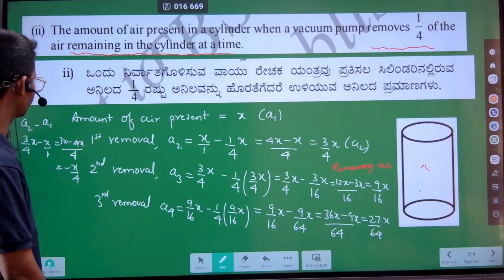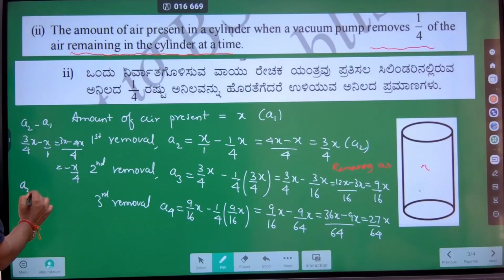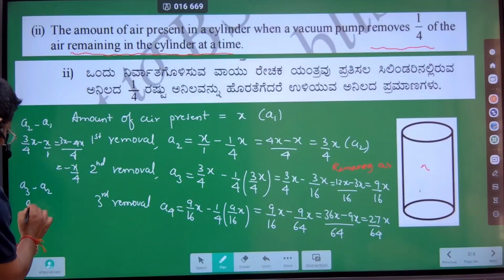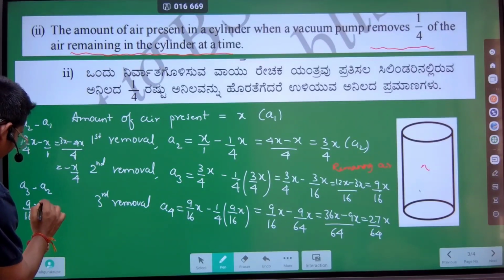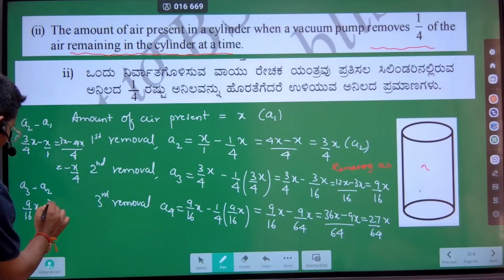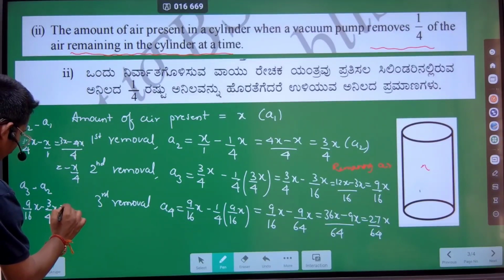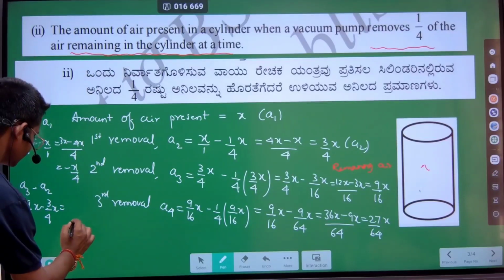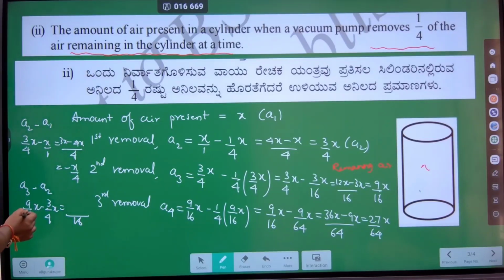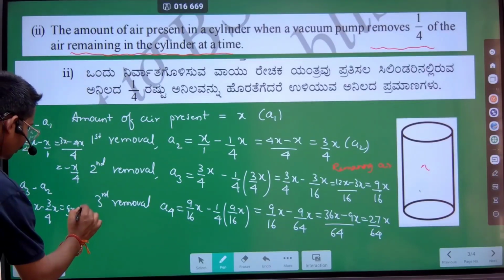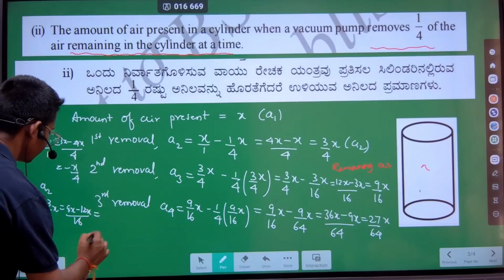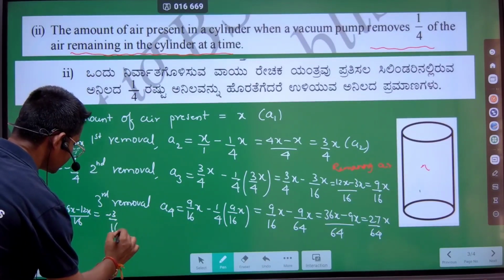Minus x by 4. Similarly, I'll find A3 minus A2. What is A3? It is 9 by 16x minus, what is A2? 3 by 4x. What is the LCM? It is 16. Now 16 into 1 is 16, so the numerator is 9x minus 4 into 4 is 16, so the numerator is multiplied with 4, 3 into 4 is 12x, so we'll get minus 3 by 16x.